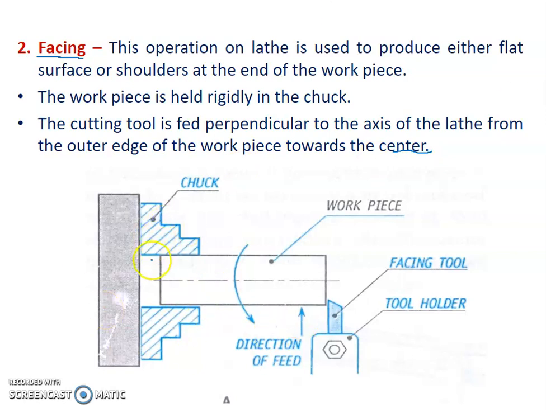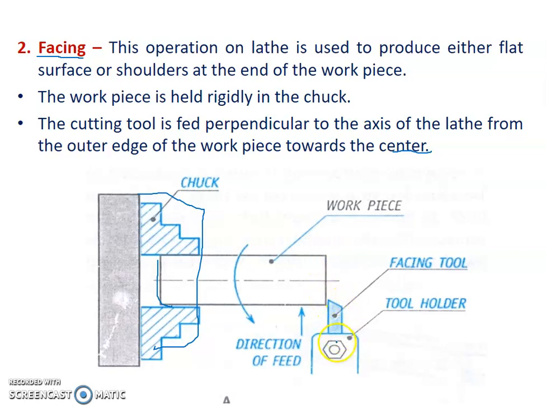Here we can see one end of the workpiece is held in the chuck, and at the other end there is no support of the tailstock. That support is not required. Why? Because we are going to cut the material at one end of the workpiece.